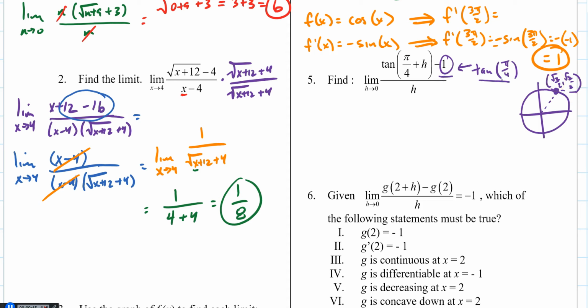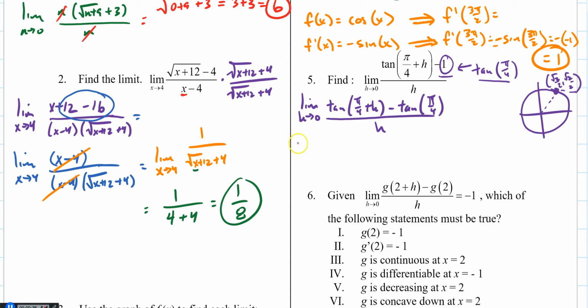So once again, even though it doesn't look like it right away, if we think for just a second, that means the limit as h goes to 0 of tan of pi fourths plus h minus the tangent of pi fourths all over h.